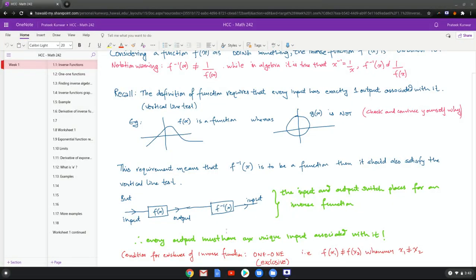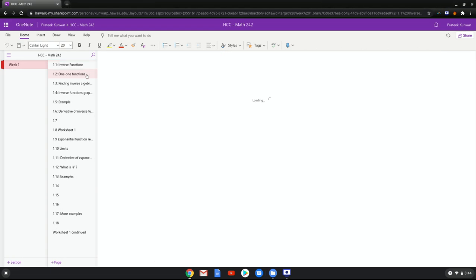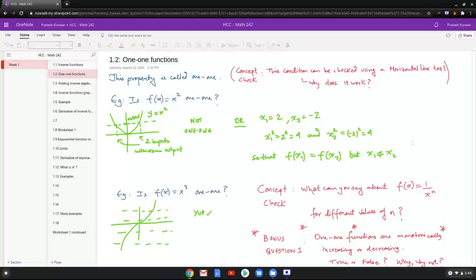Another way of calling it is an exclusive function. There's an exclusive relationship between the input and the output. And yet another way, algebraically, of saying that is that f of x1 is not equal to f of x2 whenever x1 is not equal to x2. Next section, we're going to look more into the so-called one-one functions or exclusive functions.